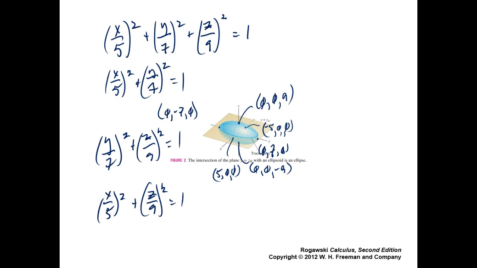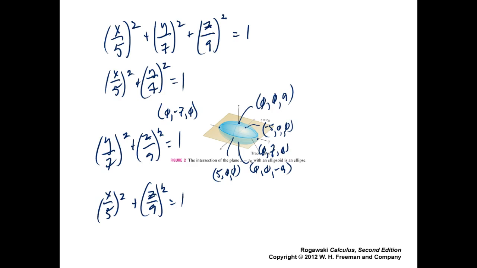And then anytime z was something other than 0, let's say 1 or 2 or 3, anything between plus and minus 9, that's going to be a fraction smaller than 1, and you subtract it here, you have a smaller and smaller ellipse.